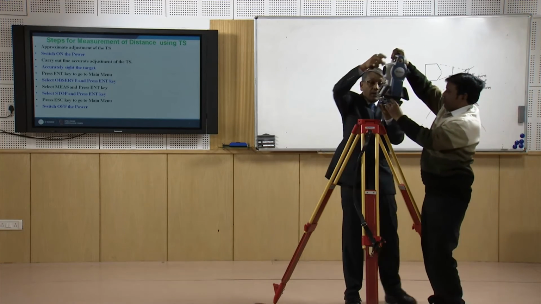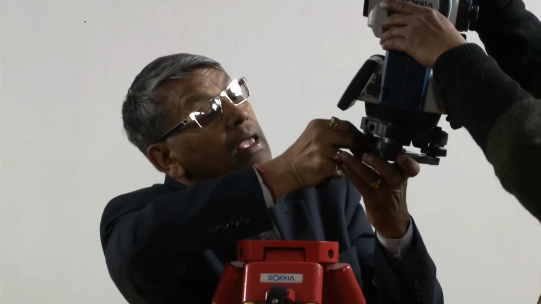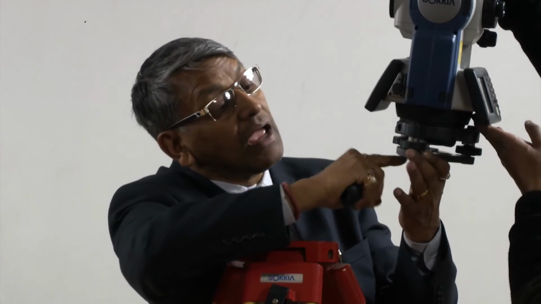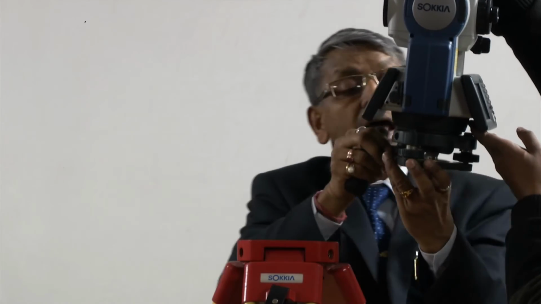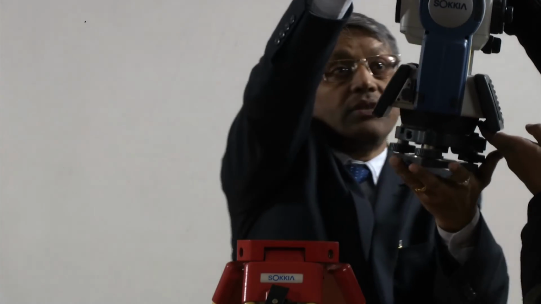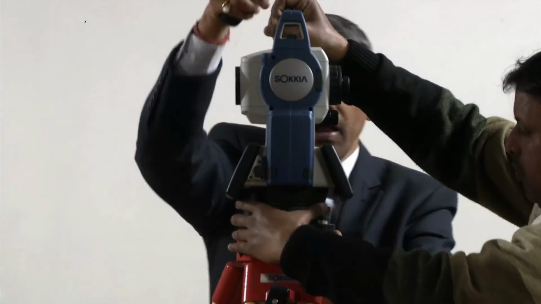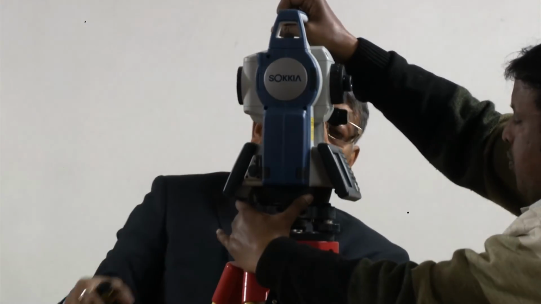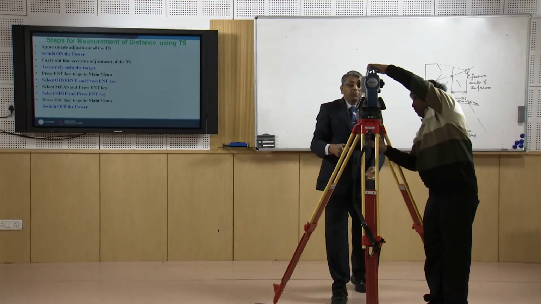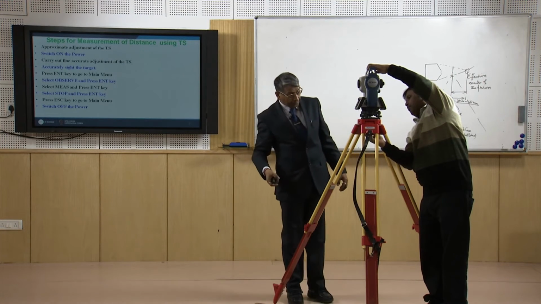Then we have to bring our foot screws to the middle between the trivet or base plate, and then only we should hold it with the handle, keep it on this, and fix the base plate to the tripod head the way we are doing.